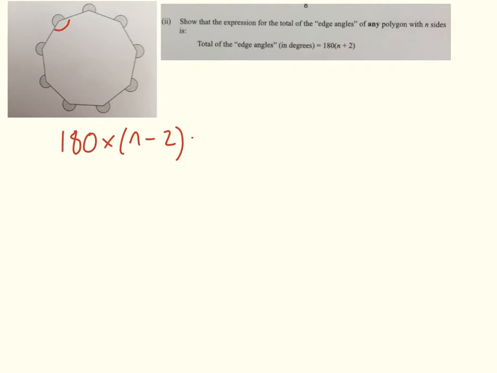And if I expand that out, I'm going to go 180 times n, which is 180n. And then 180 times negative 2, which equals, what's 2 times 180? 360. Yeah, but it's negative 360 because I'm doing negative 2. So that is how I work out the total number of interior angles.